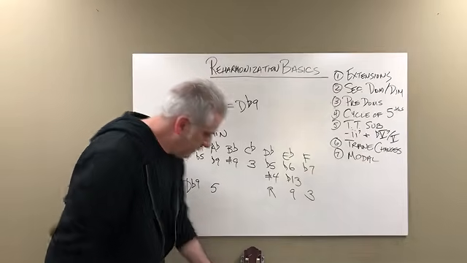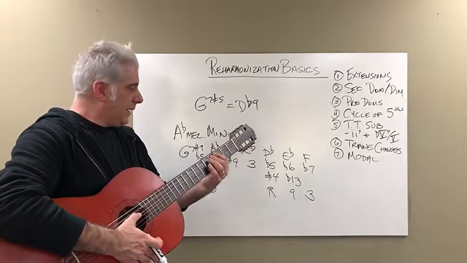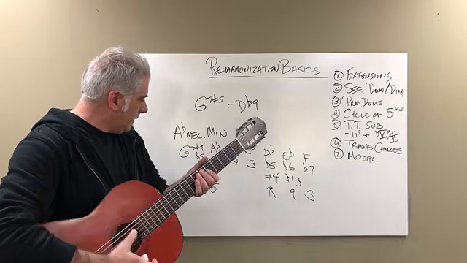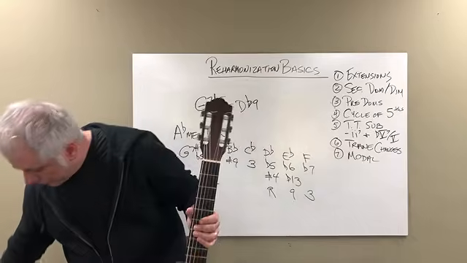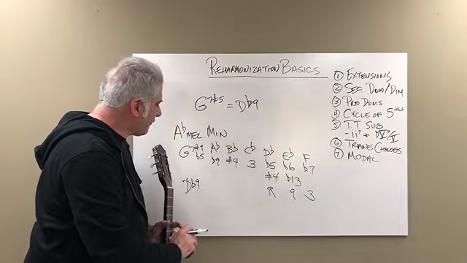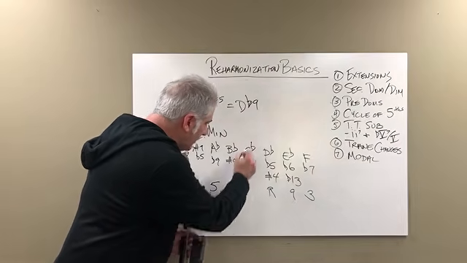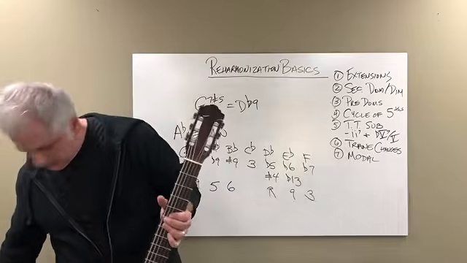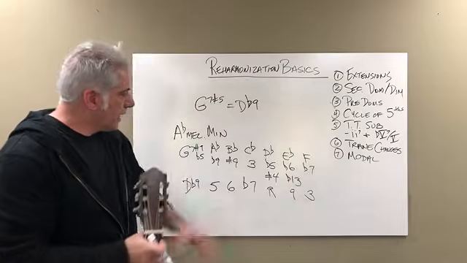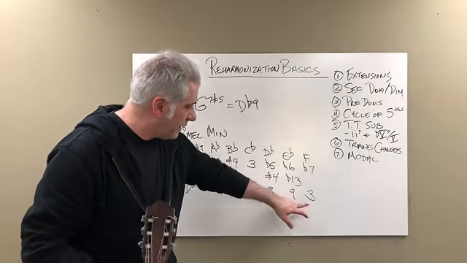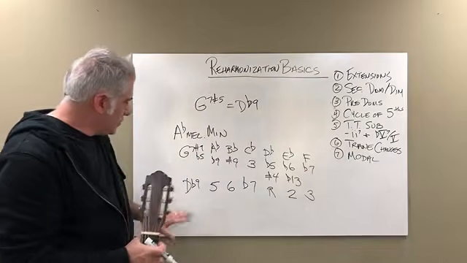I'll do it like this. Oh, I'm sorry, this is the root. A flat is the 5th, right, that's right. B flat is the 6th. C flat, okay, is the flat 7. That's what I missed. Then you got the root, the 9th, or the 2nd, and the 3rd, right? 9th and the 2nd are the same thing, but there's your D flat 9 chord.